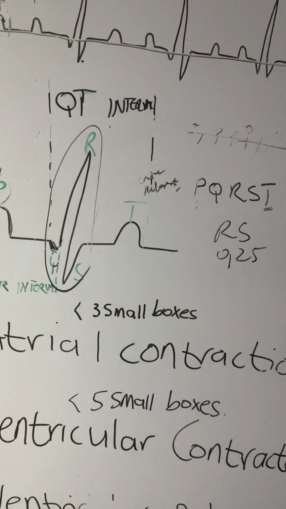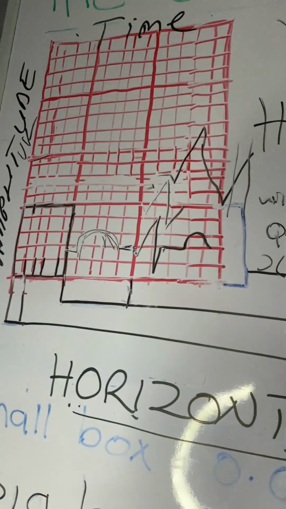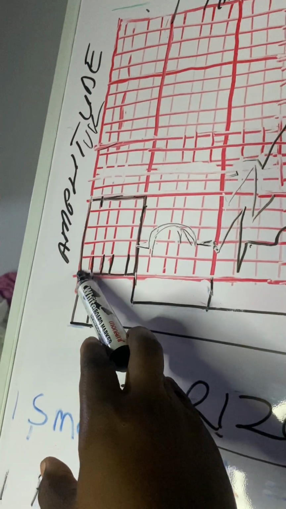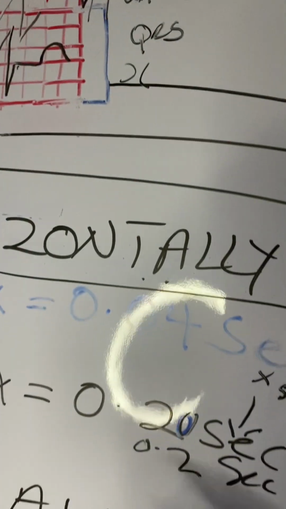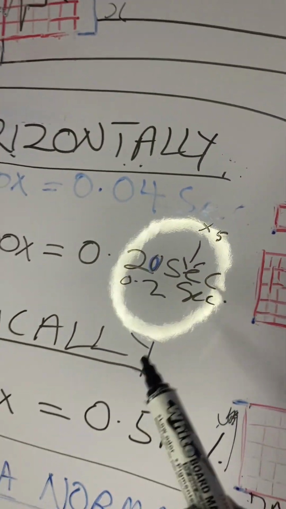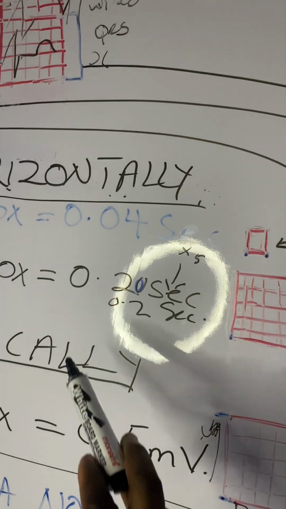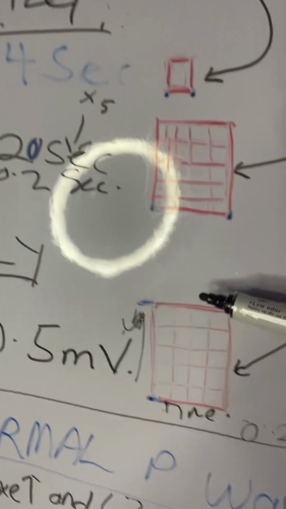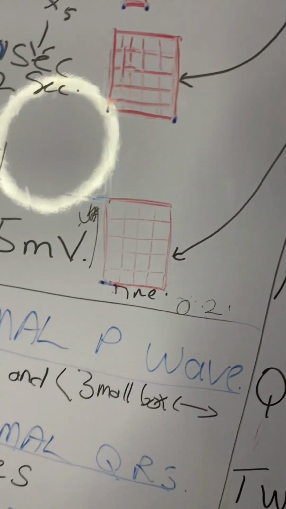What have we been talking about so far? We look at our ECG paper, and we said that vertically we have our voltage, horizontally we have our time. Then we look at our small boxes and big boxes, and we spoke about what they represent. We said that our small box is 0.04, and our big box is 0.2 because 0.04 times 5. Our vertical is also 0.5 millivolts.